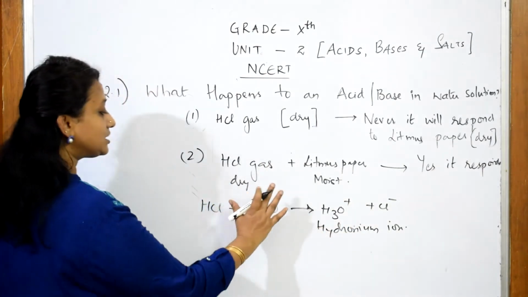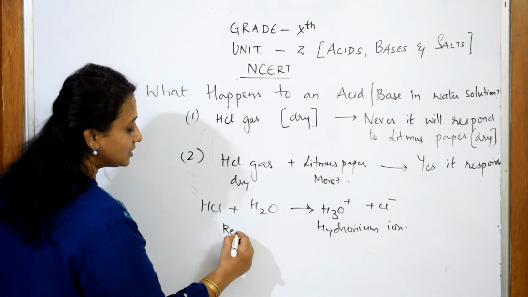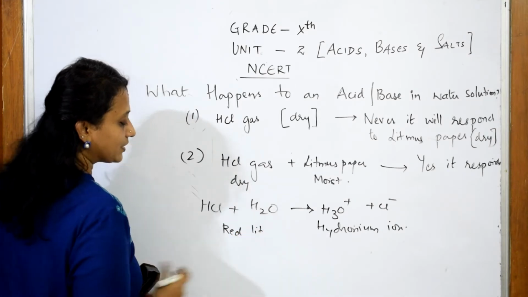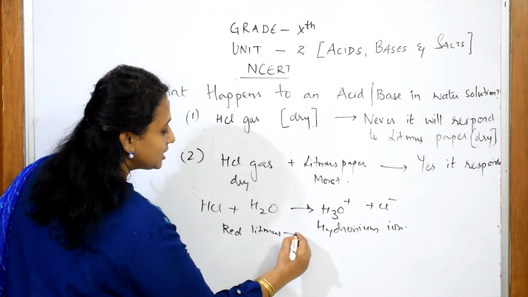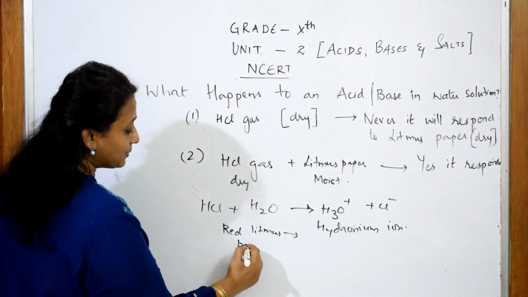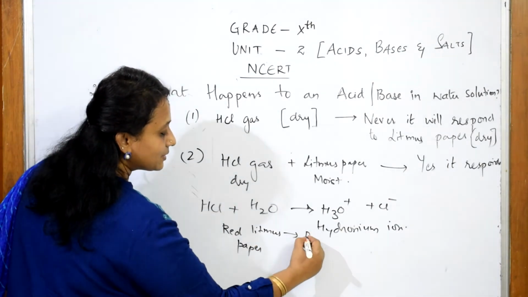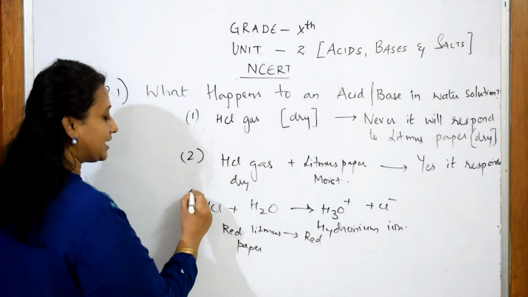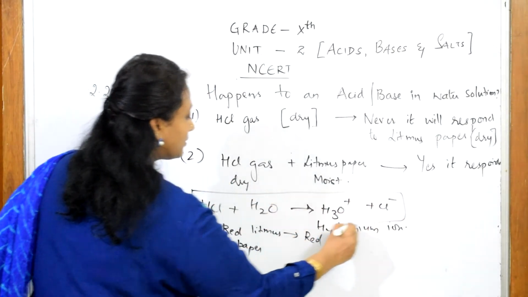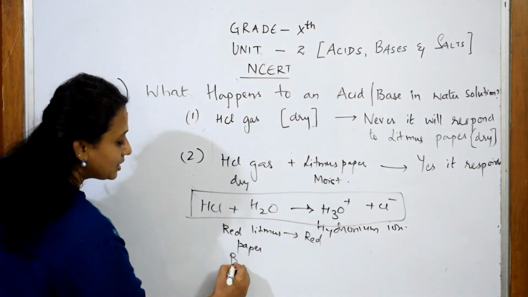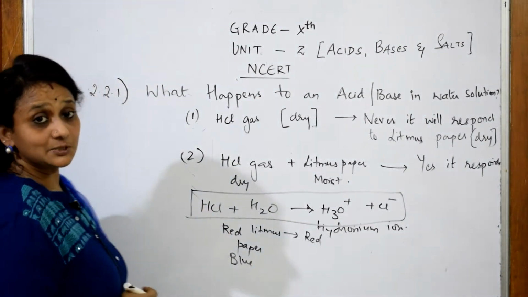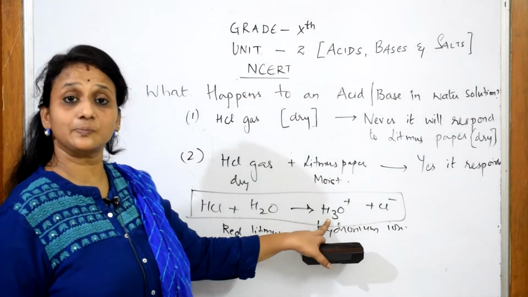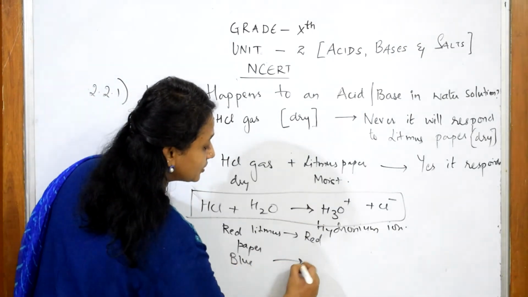Now suppose during this condition, I take a red litmus paper. Red litmus paper I have dipped in this. So what did we understand? Because it is an acid, red litmus paper remains red only. Correct. Suppose in the same reaction, I now take a blue litmus paper. Obviously, because acid is present, it has released H3O plus ion, so blue litmus is going to turn red.